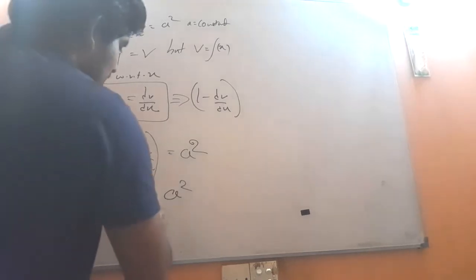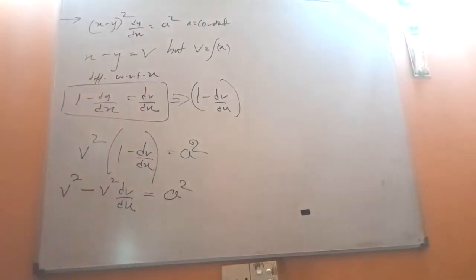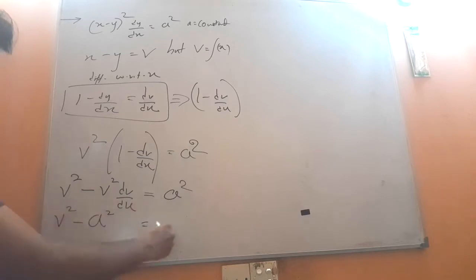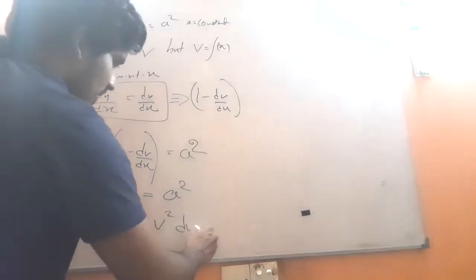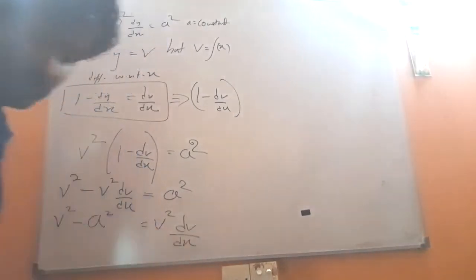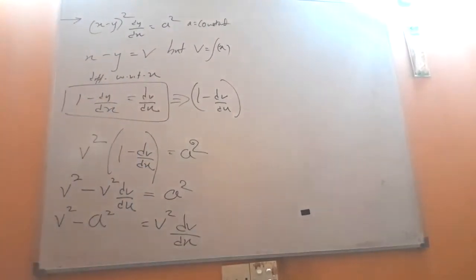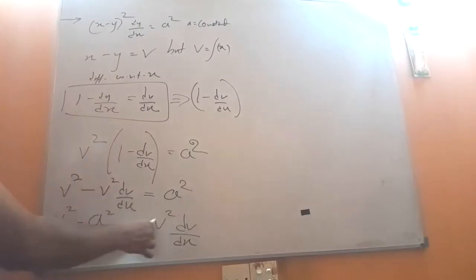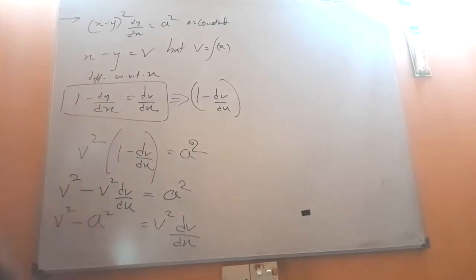Right? Okay. So now you can rewrite this statement as v squared minus a squared equals v squared dv by dx. I hope that is clear. Is it visible on the board? Yeah. V squared minus this a squared equals v squared dv by dx, right?